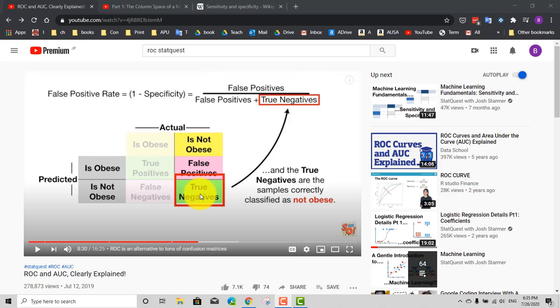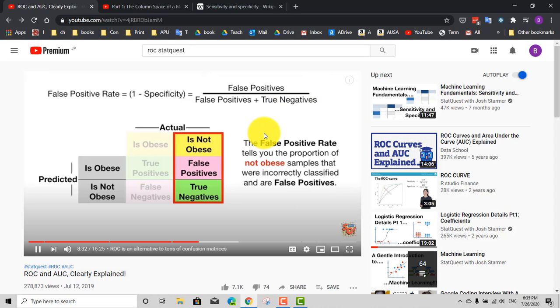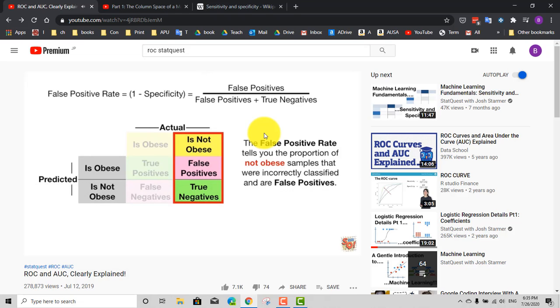So this one is going to be this number here divided by these two, the false positives plus the true negatives. The false positive rate tells you the proportion of not obese samples that were incorrectly classified and are false positives.